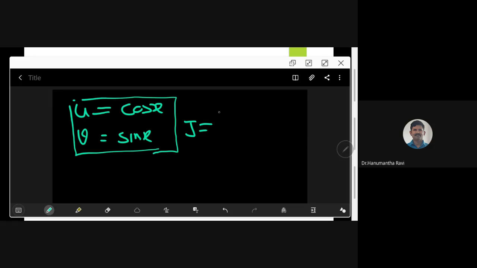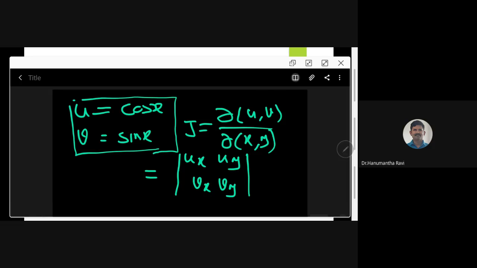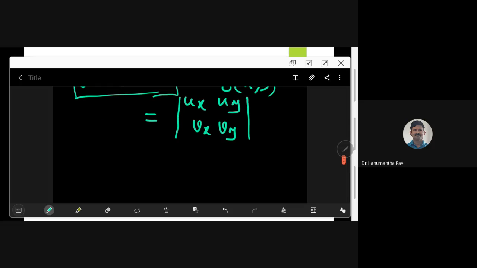That is, if you write it like this, dou (u, v) by dou (x, y), then the formula says u_x, u_y, v_x, v_y. What is u_x here?